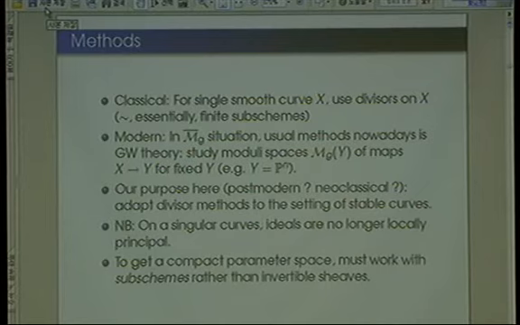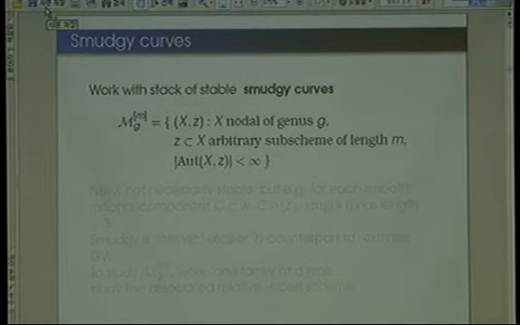I mean, it's possible to work with invertible sheaves, and I guess some people have tried, but if you want to work with subschemes and equations and things like projective geometry, which is what this conference is about, you have to work with ideals, and therefore that leads to the next thing. So I want to introduce this concept of smudgy curves. What are they?